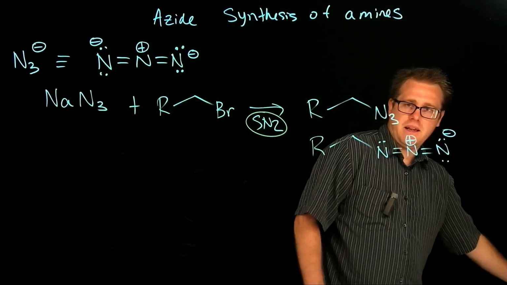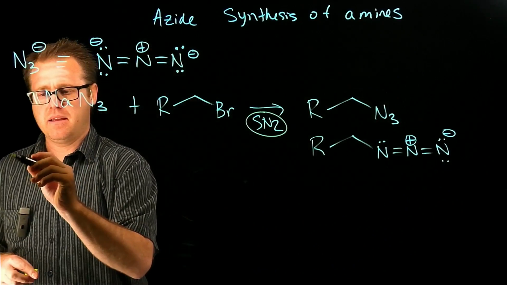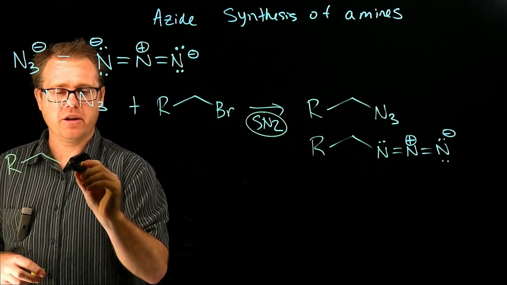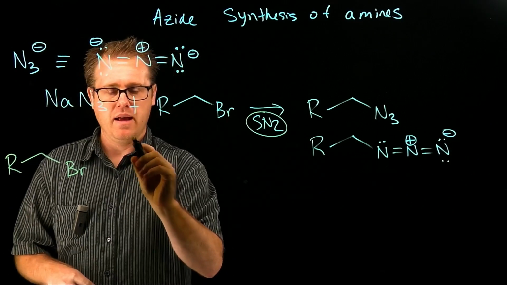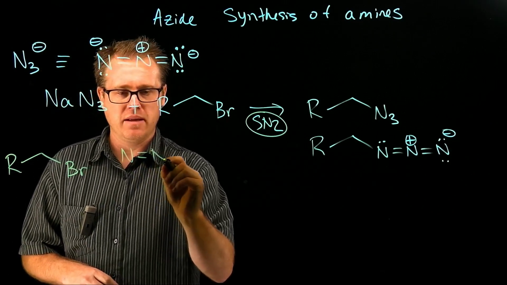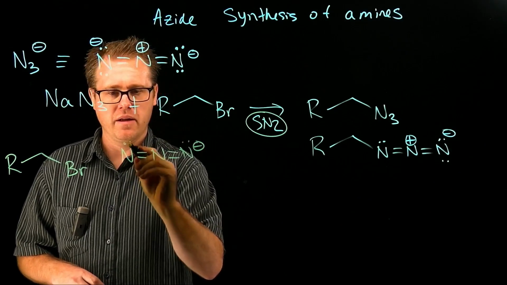So mechanistically, what's happening here is we take the alkyl halide, in my case an alkyl bromide, and I'm going to expand out the azide, negative.